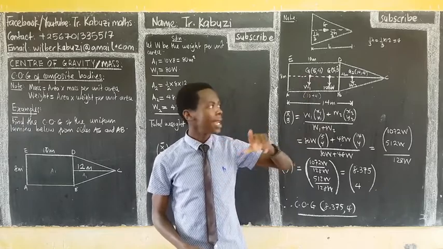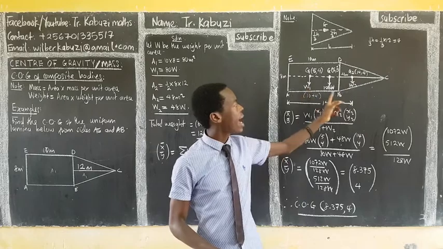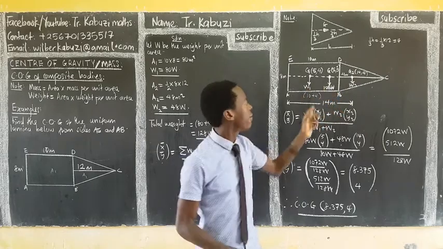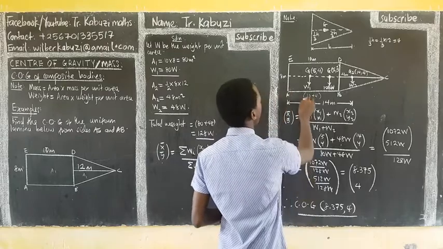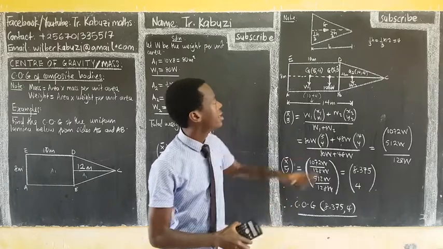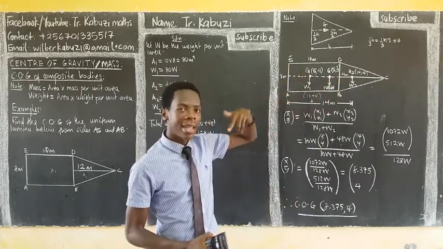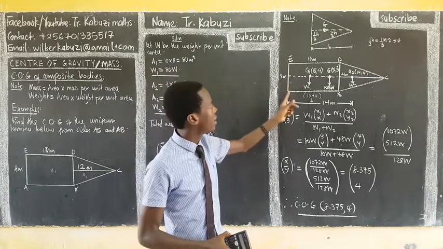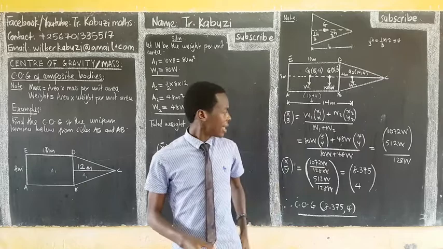What people forget here is, after getting this distance from here to here, they forget to add that from here up to there. That's why I'm adding that. After getting the 4, always get this distance from the two axes they are telling you, from AE up to where the center of gravity of this is. That's it.